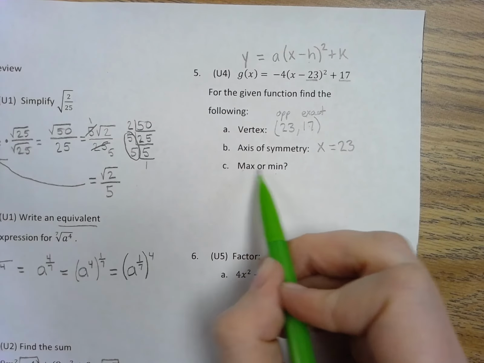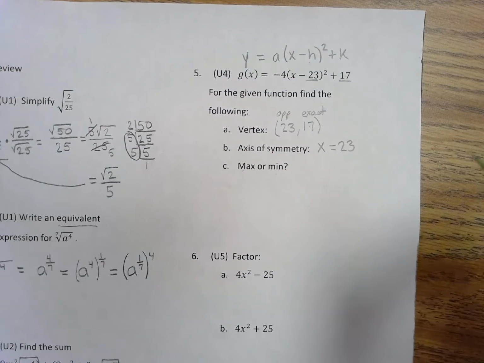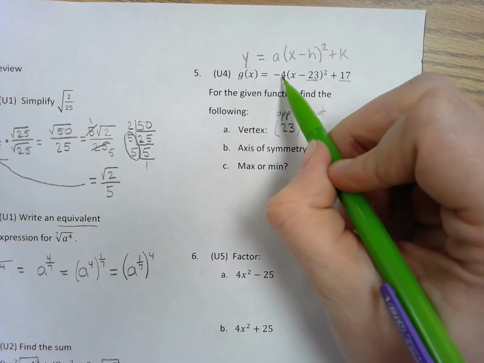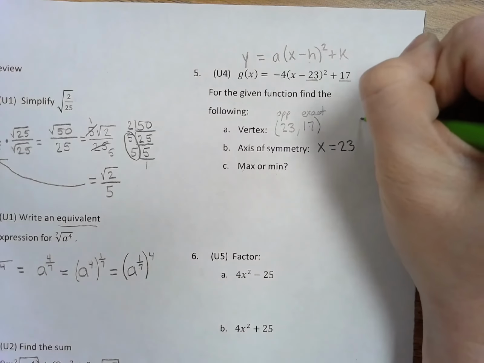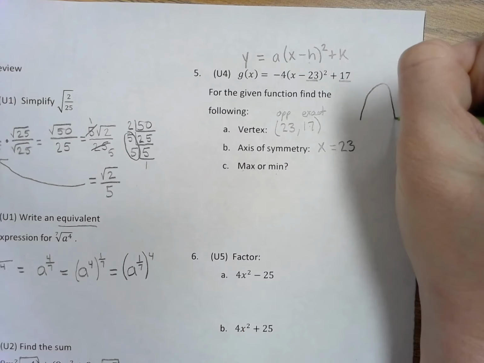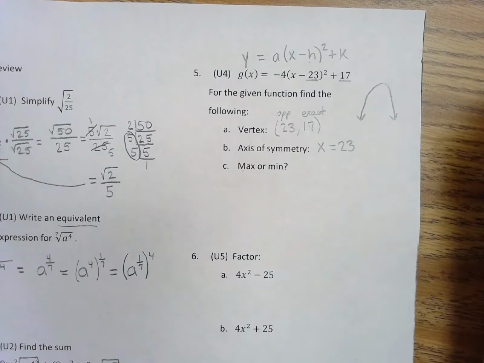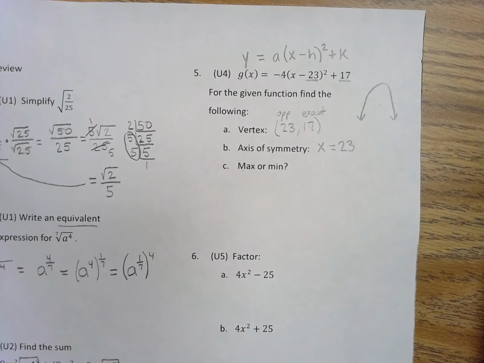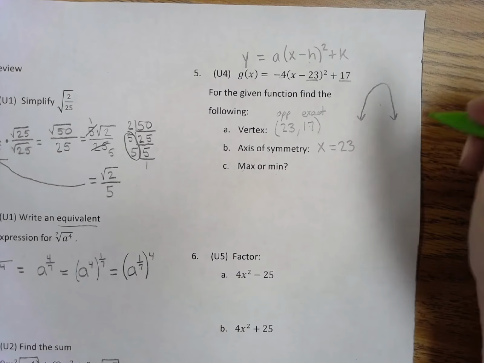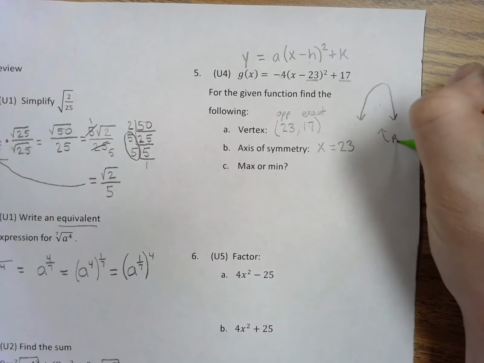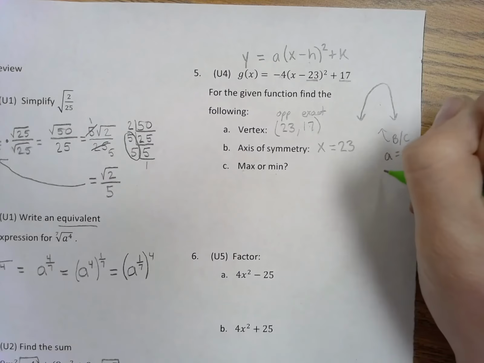Let's look at max or min. If this vertex would be a max or min. Well, because our a value is negative, so actually let's draw a little sketch of that. Because our a value is negative, it's going to make our parabola open down. And that's because a equals a negative. It opens down.